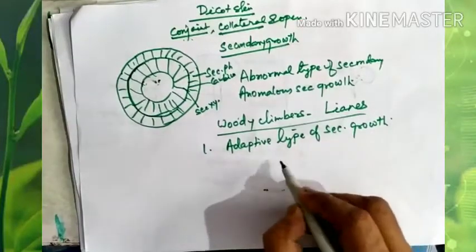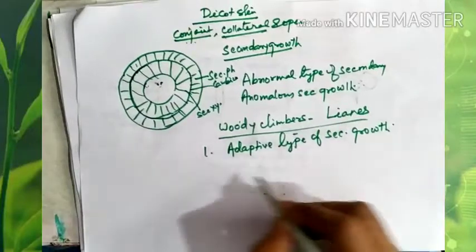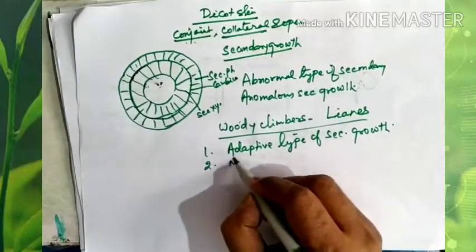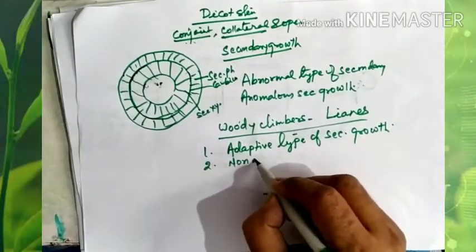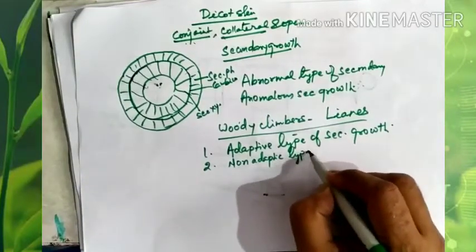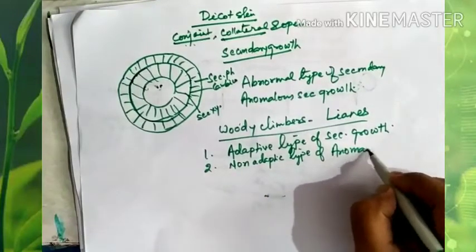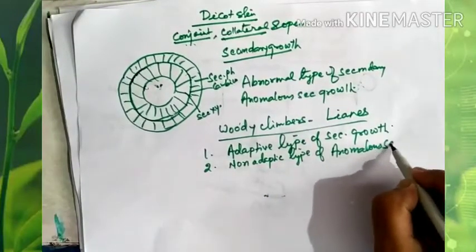Anomalous secondary growth: adaptive type of anomalous secondary growth. Second is non-adaptive type of anomalous secondary growth.